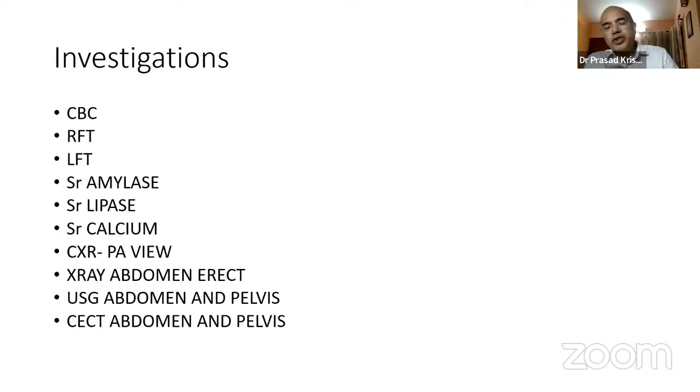If it is a pseudocyst of the pancreas, you have to know the location of the cyst, the size of the cyst, whether it is a single cyst or multiple cysts, and whether there is any evidence of underlying chronic pancreatitis, like a dilated duct or calcifications.